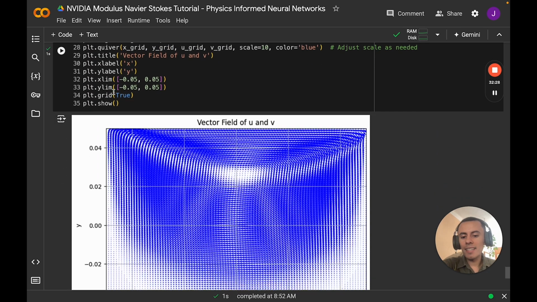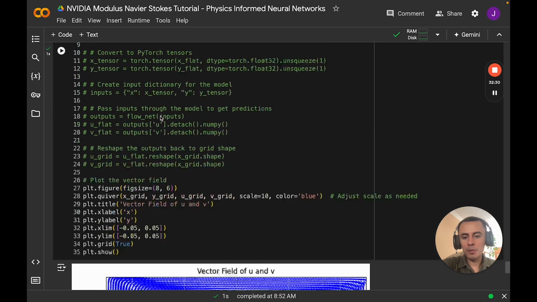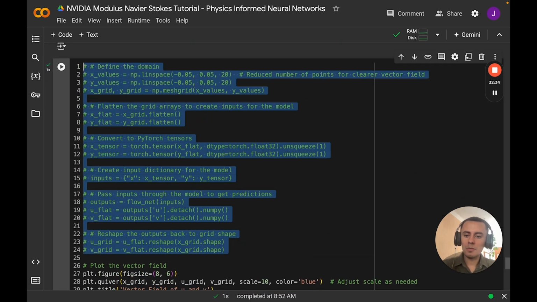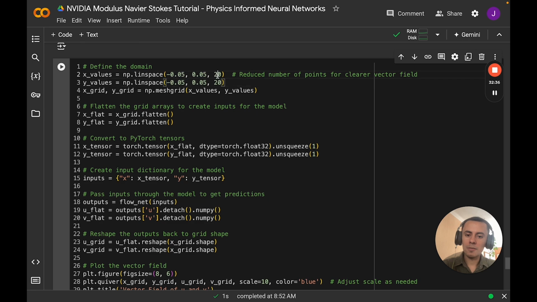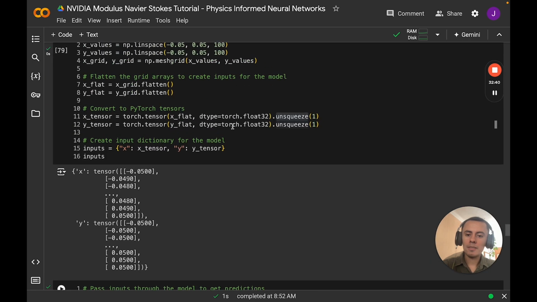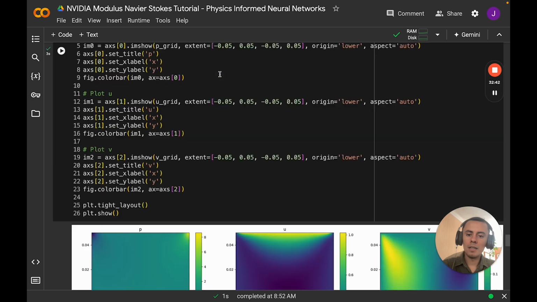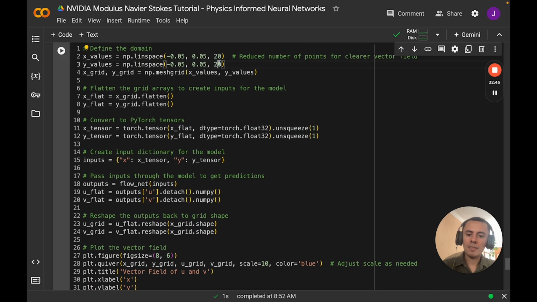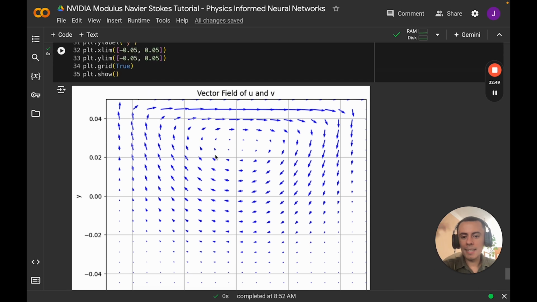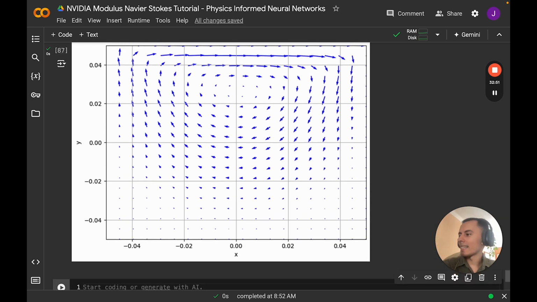If I do it like this, it's a lot of arrows. So what I need to do is the exact same thing, but not with 100 points, I sample 20 points. Once I sample 20 points, I can get the vector field like this, looking really nice.